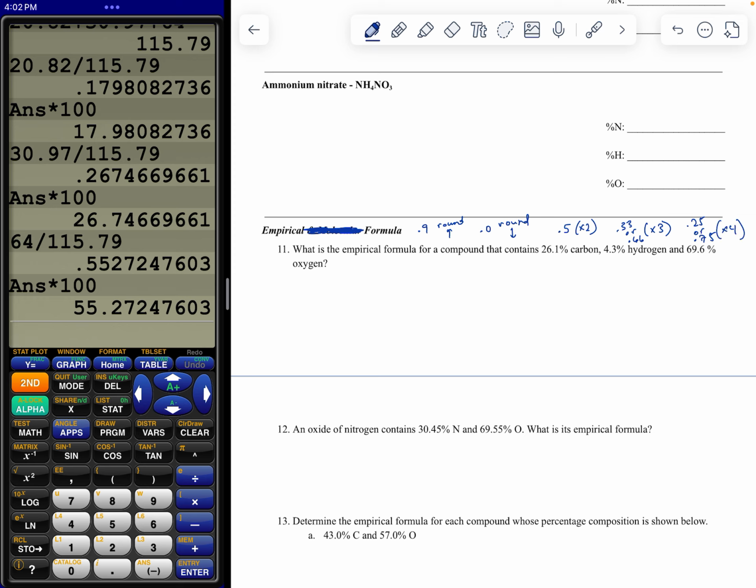Again, just because we can't have non-whole numbers as our ratios for our moles here for these formulas.